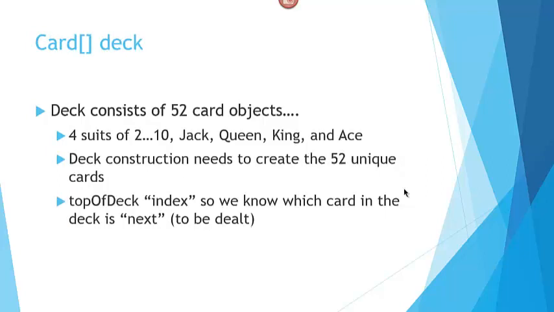The deck consists of 52 card objects. These are unique cards because we are representing 2 through 10, Jack, Queen, King, and Ace for the 4 different suits. We will also keep track of the top of deck. That's an integer index, so we know which card in the deck is next to be dealt from the top of the deck.